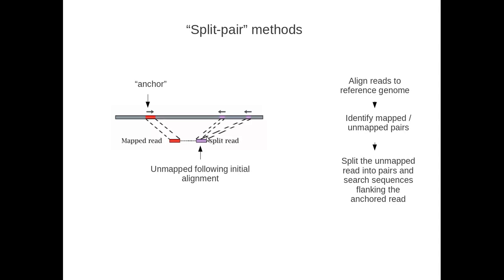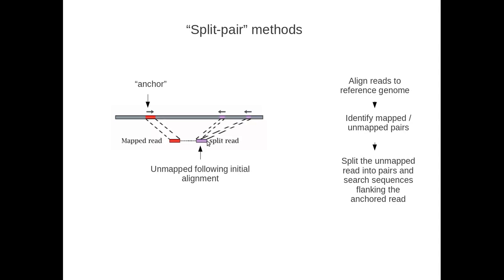The way this is done is by BLAST. Typically, we will look in close proximity to the anchor read for these split reads, and these are very computationally intensive methods because you have to BLAST all of these small little pieces.